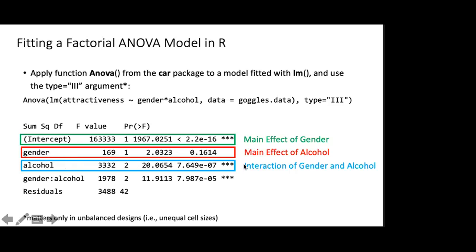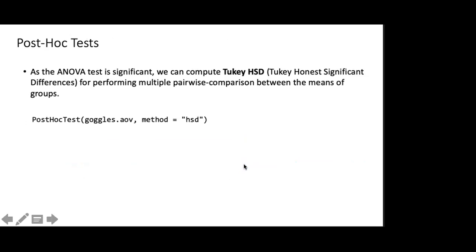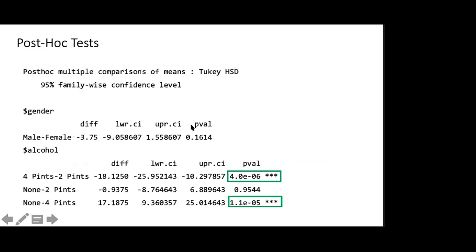So we want to take a look where these differences come from. And so again, the same logic as for the one-way ANOVA. So the way you do it is exactly the same. You can use the post hoc test function from the DeskTools package, and you just specify what correction, what adjustment method you want to use.